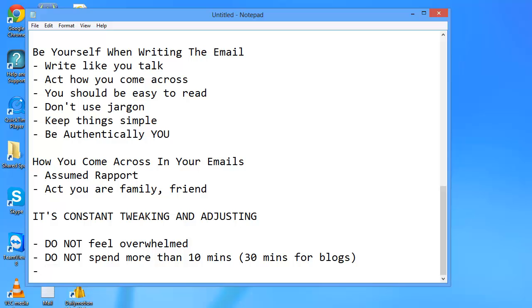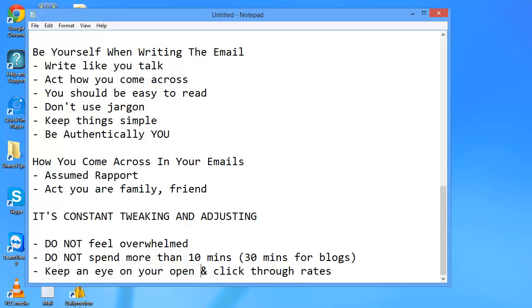So one thing I would like to add is, in terms of tweaking and adjusting, how do you do that? You have to keep an eye on your open and click through rates. As I shared in my previous video, the first part of this series, you have all the statistics available in your Aweber or GetResponse or any other autoresponder that you might be using.